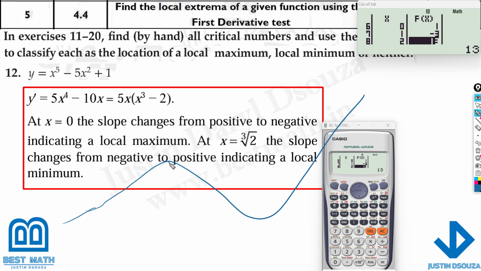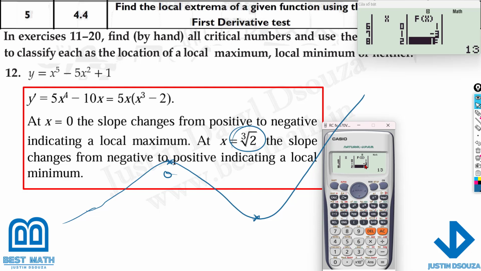So this much over here, local maximum, minimum. Local maximum was at 0, and what is the minimum point? It's exactly at cube root 2. Now we can look at this. The values were increasing, increasing, increasing, and at 0 it reached the max, and then it fell down, right?